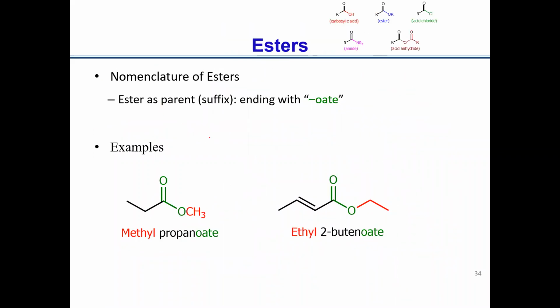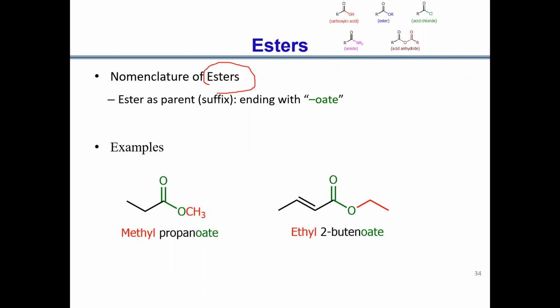So esters, as we all know, whenever we talk about fruity smell, like the smell in bananas, pear, all the fruity aromas, that is basically because of the esters. They're known for their fragrances.